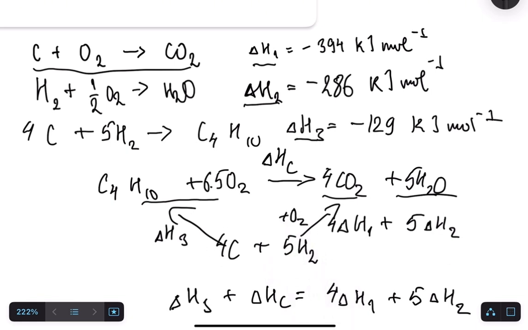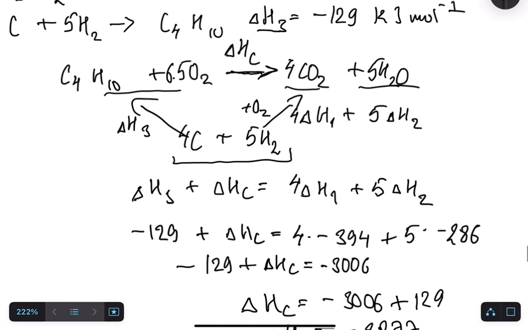It should be written here, and therefore it should be 4 delta H1 plus 5 delta H2, and the combustion is here, and it should also be written that these both can react to form butane, and it is the delta H3.